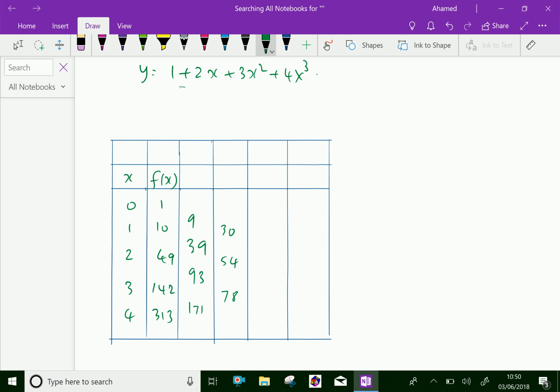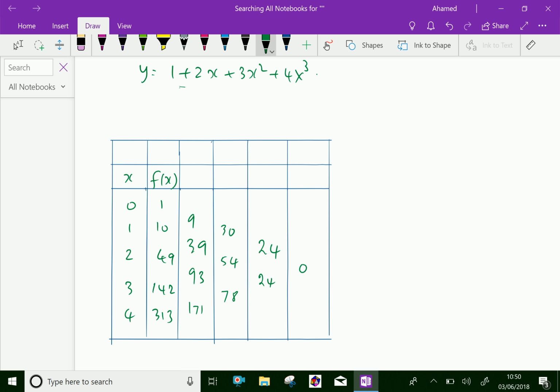The next difference is 54 minus 30, which is 24, and 78 minus 54 is 24. Then the next difference is 24 minus 24, which is 0.